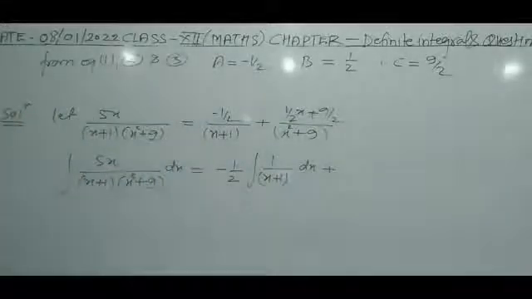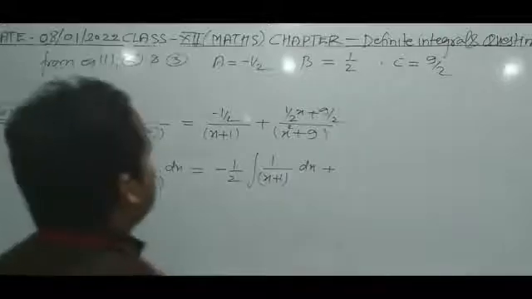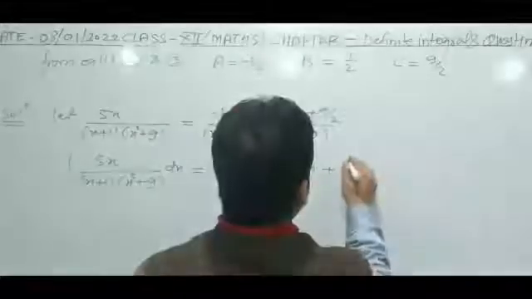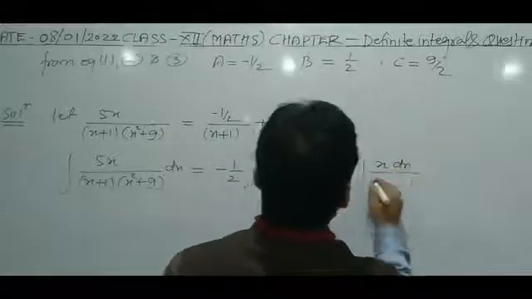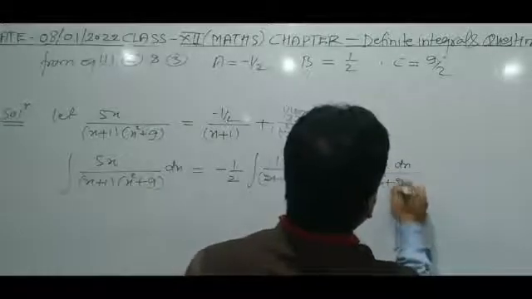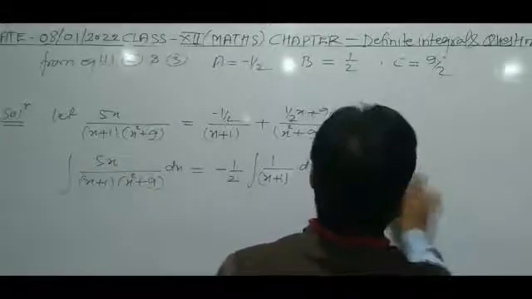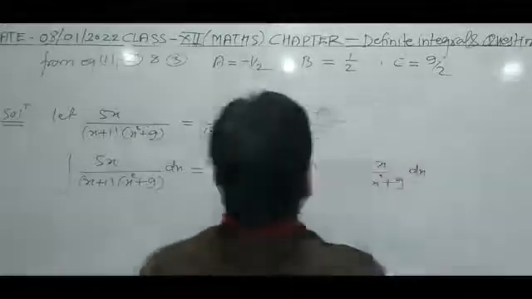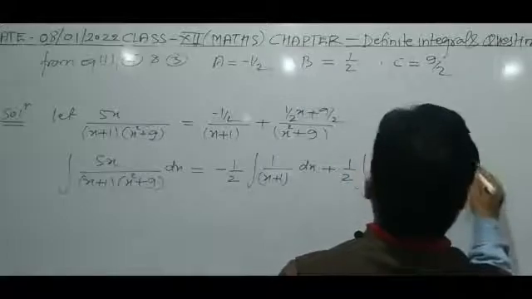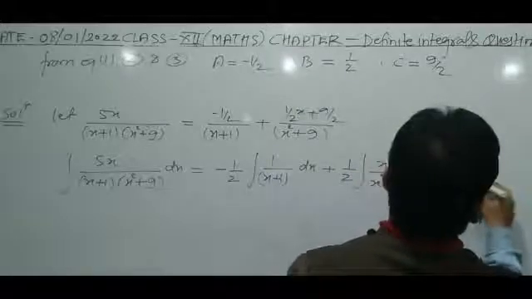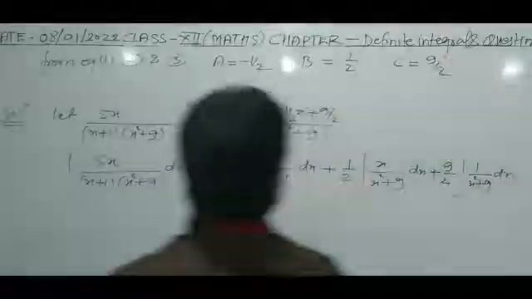So 1 by 2 we have taken common and x dx whole upon x square plus 9. Now with plus sign, this integration I have also split into two parts. So 9 by 2 integration of 1 upon x square plus 9 dx.